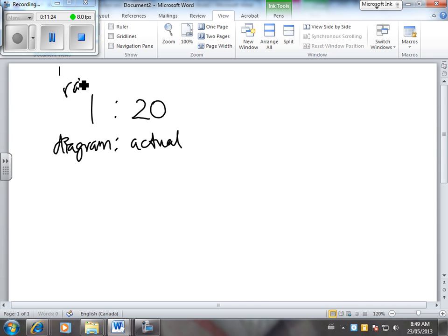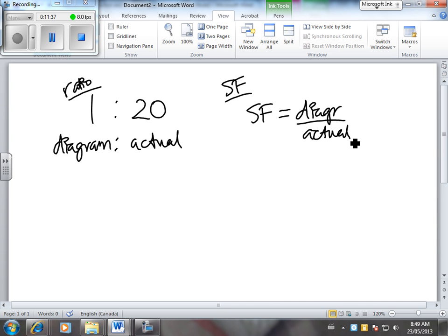So this is a ratio, you have a scale factor of diagram or photo over actual. Okay, and your scale factor, you can sometimes bring it down to a fraction.